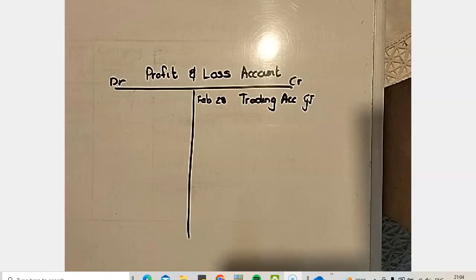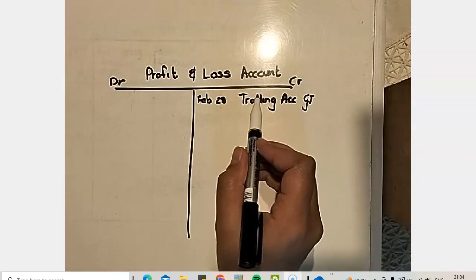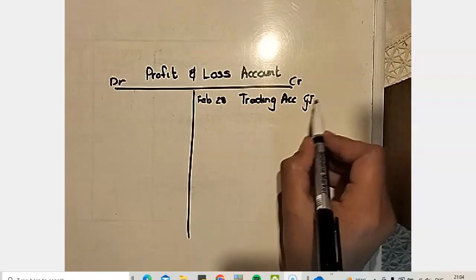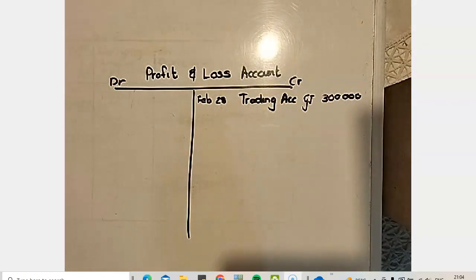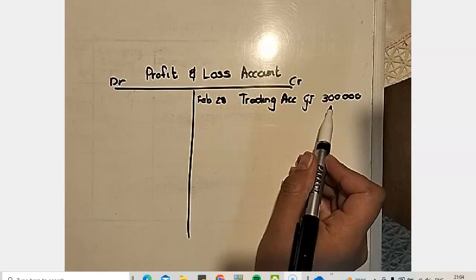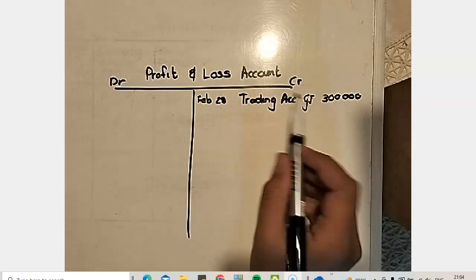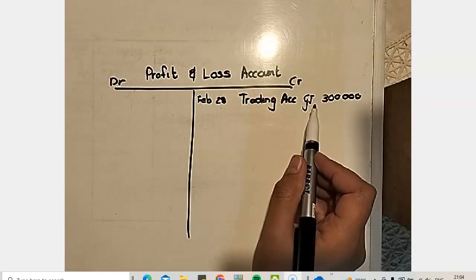If we look at the profit and loss account, after the trading account amount that we got, the 300,000, we move it into your profit and loss account on the credit side as 300,000. Remember, for every debit, there's a credit. So in your trading account, this 300,000 was debited, but now in your profit and loss account, it should be credited.